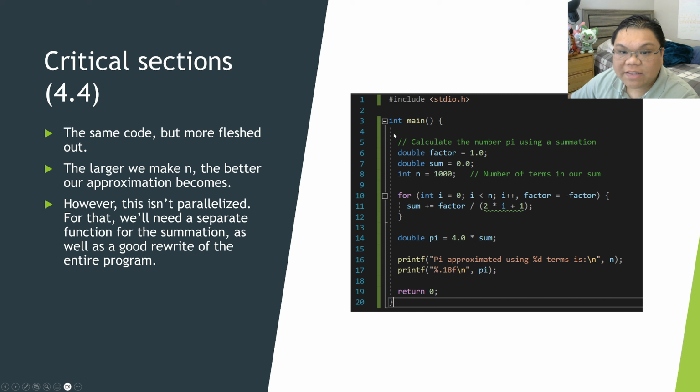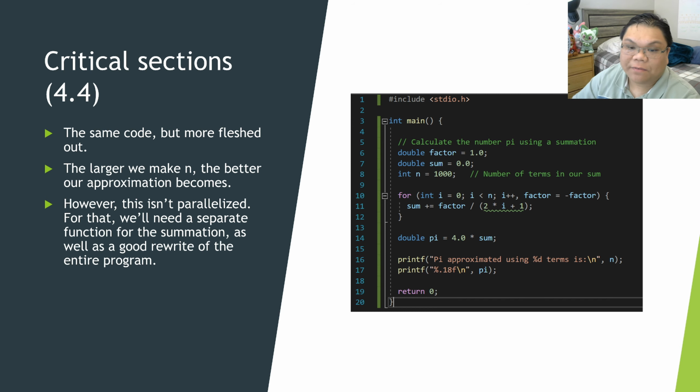So, what this is here is the pi approximation program. No parallelism at all. You can try this out. It's about 20 lines of code. You don't need anything special for this program. Just type it out using whatever IDE you like, compile it, run it, see what results you get.